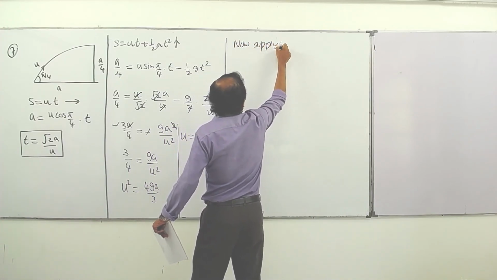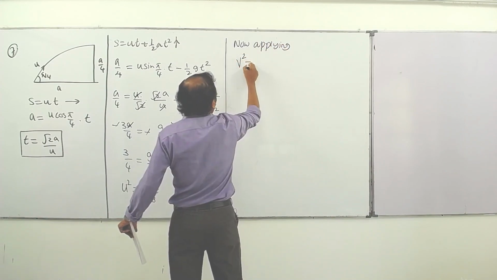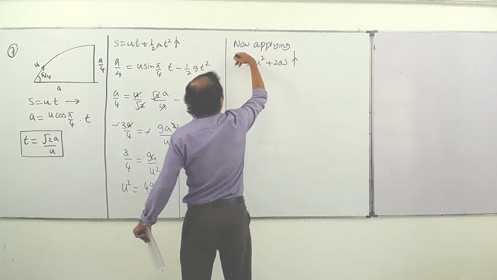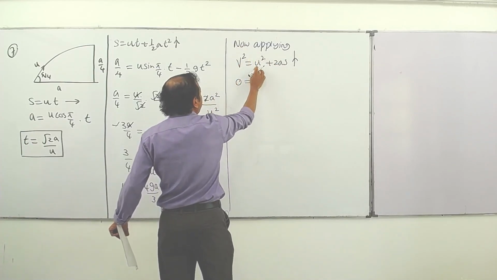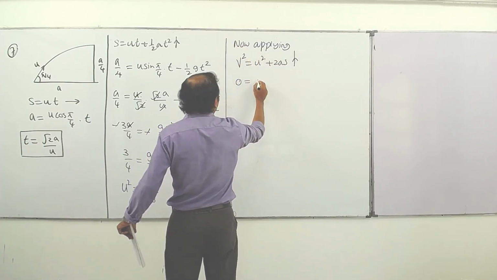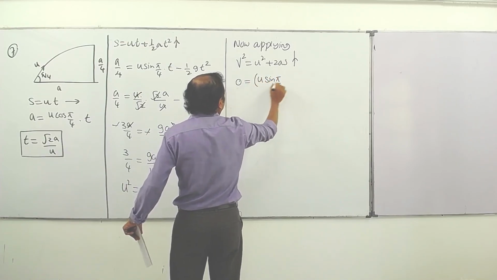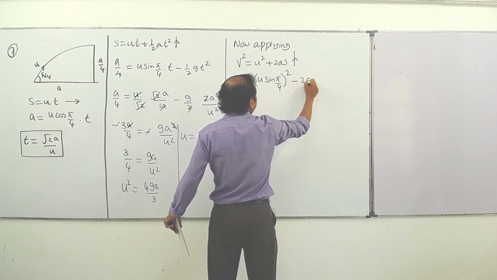Applying v squared equals u squared plus 2as upwards, at the maximum height v squared is 0, and u means u sine 45. So 0 equals u sine 45 perfect squared minus 2g into the maximum height, suppose h.